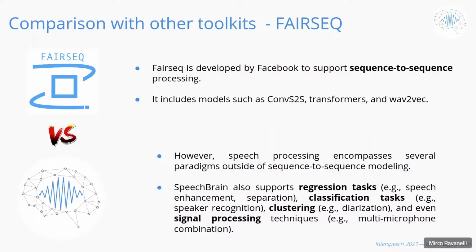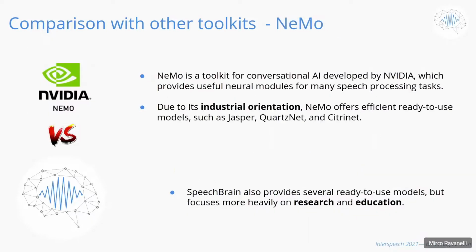SpeechBrain supports speech processing, which is more than sequence-to-sequence processing because we also have regression tasks like speech enhancement and separation, classification tasks like speaker recognition, clustering like diarization, and also signal processing techniques.